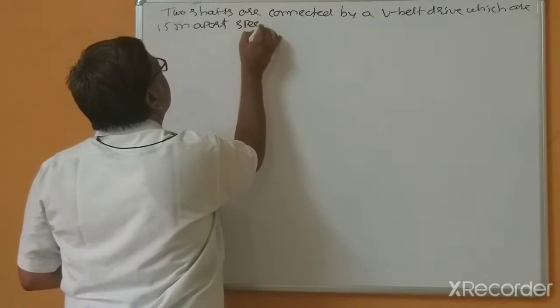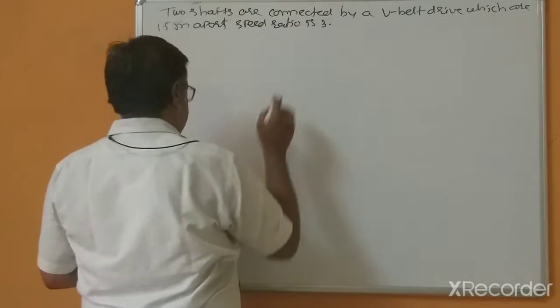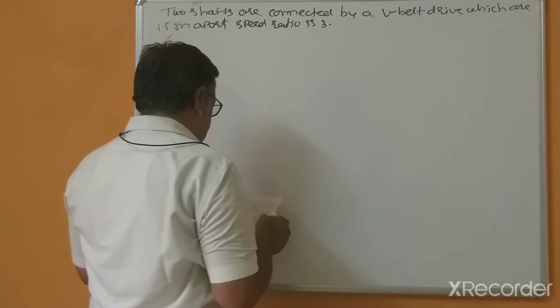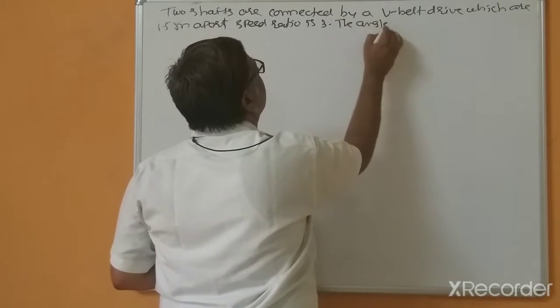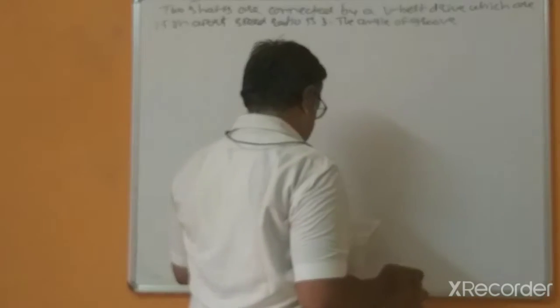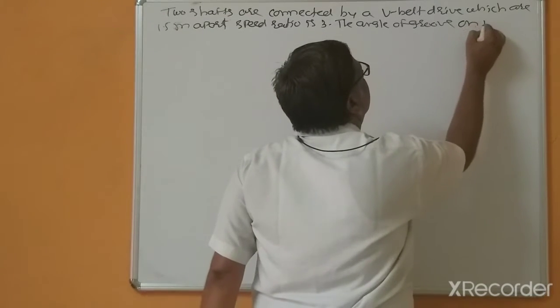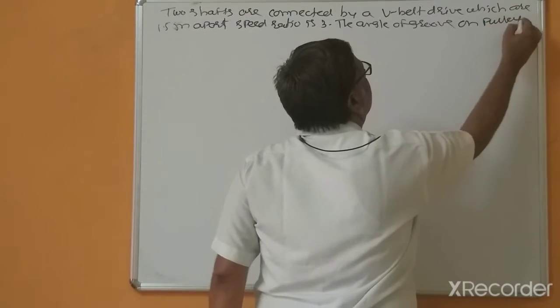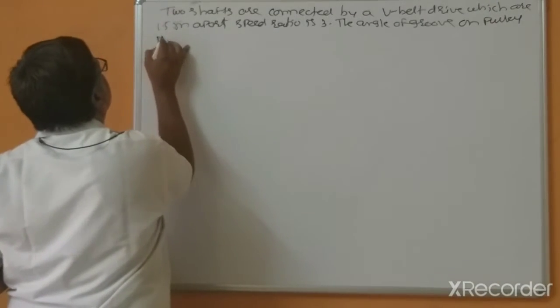Speed ratio is 3. The angle of groove on pulley is 30 degree.